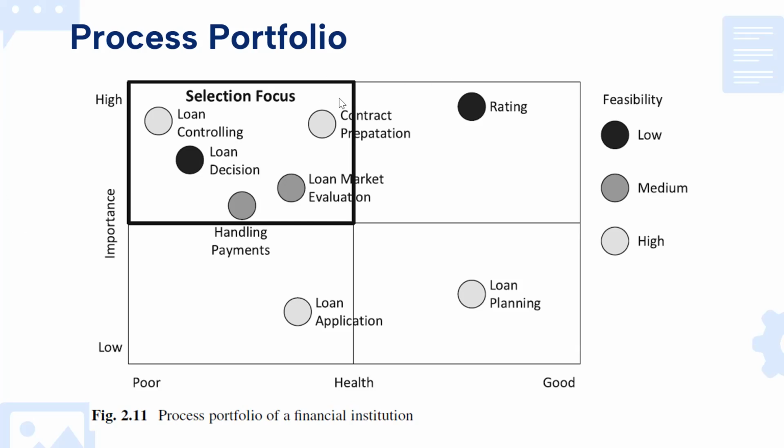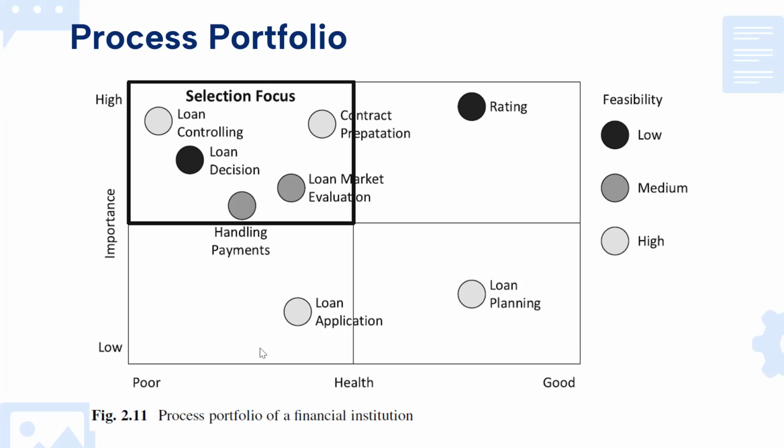If there are two persons in a hospital, one somewhere in between and one with very poor health, and a doctor has to choose out of the two, most of the time they will treat the person with poor health, and only then move on to the person who has average health. Are you clear, Ayomi? So basically we had to select loan controlling.